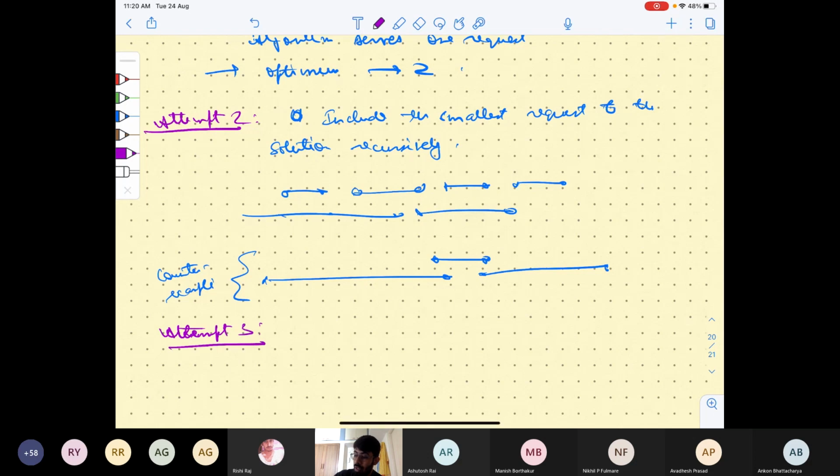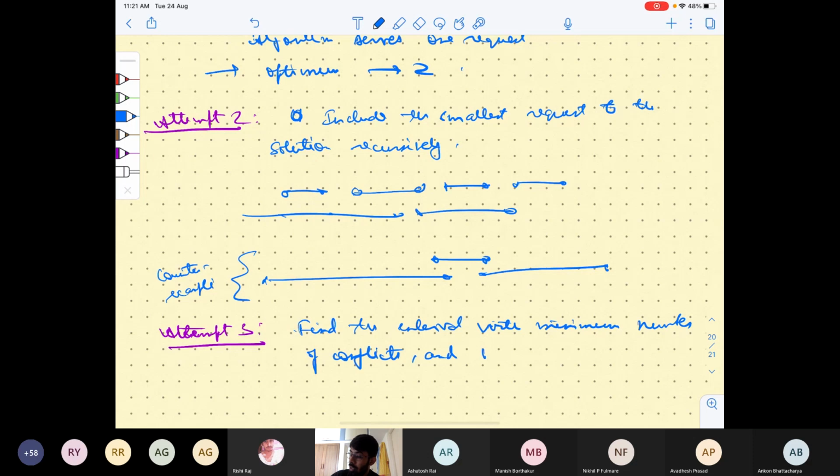And attempt 3 says: find the interval with the minimum number of conflicts and schedule that, or include that in the solution. You include that in the solution and delete all the intervals which are not compatible from the set, and so on.